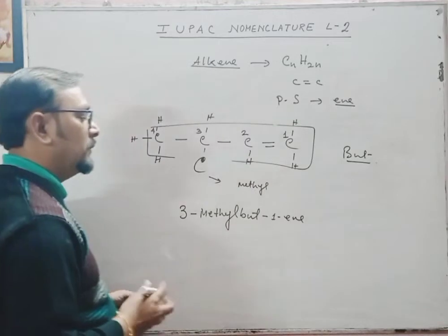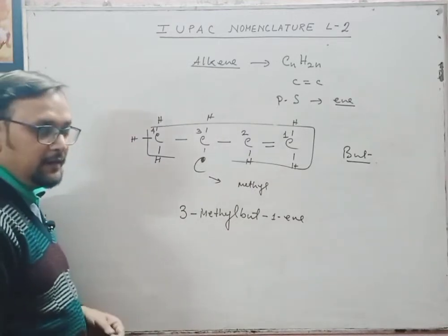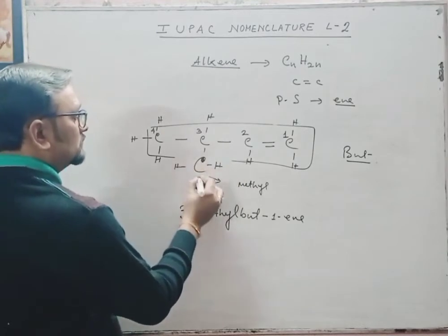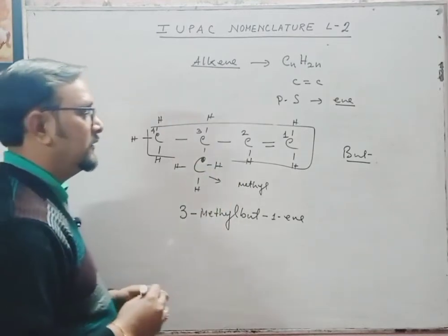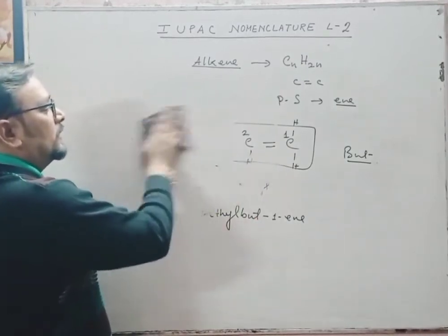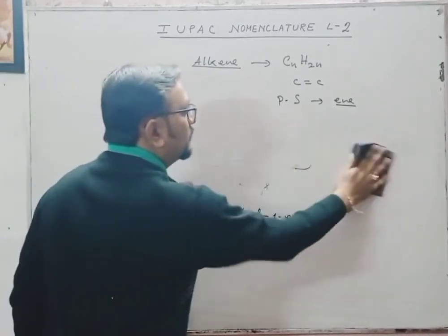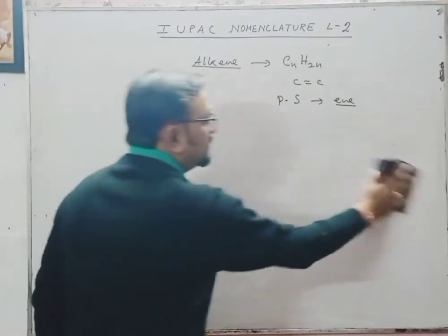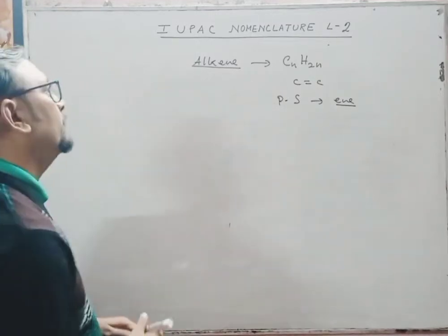Clear? And finally give the hydrogen. Don't forget to give the hydrogen. Okay, done. So this is the basic way to name a compound with a double bond. Clear, all of you? Okay, let's take another example.